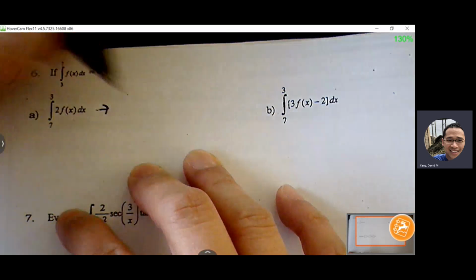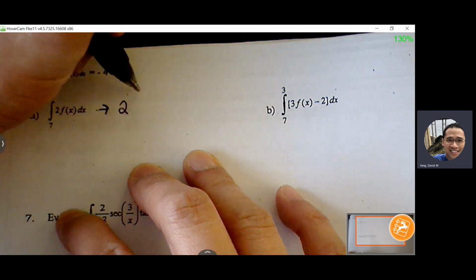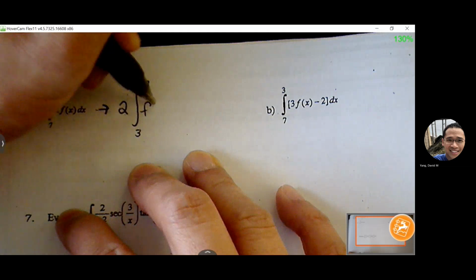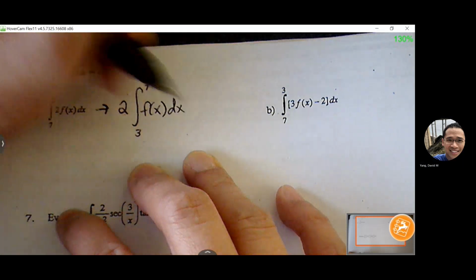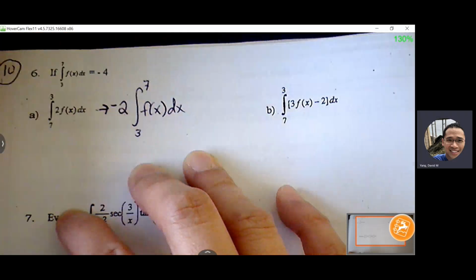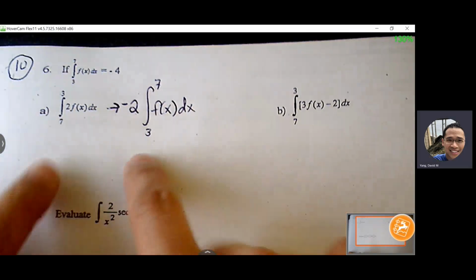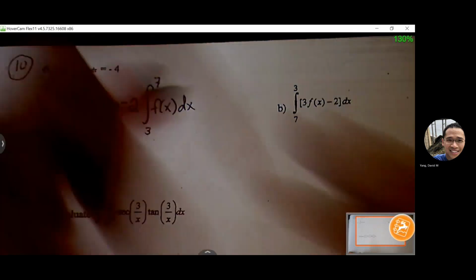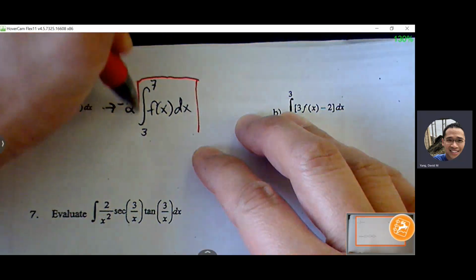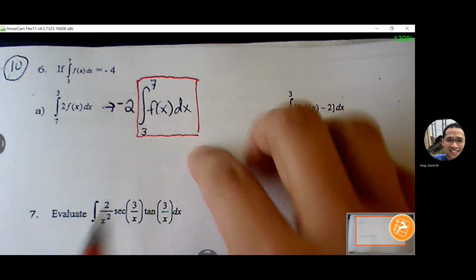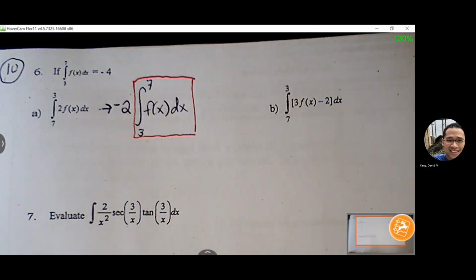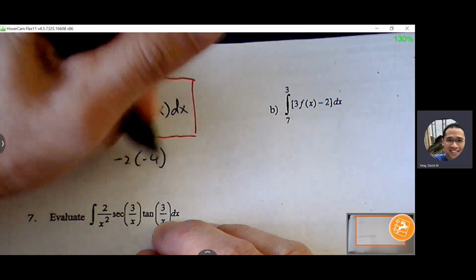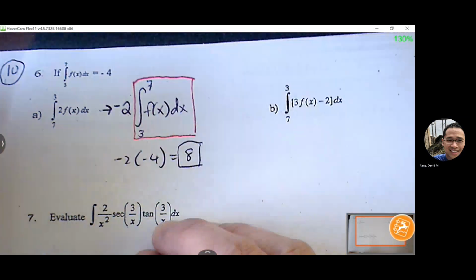So I'll do 2 things at once here. I'll pull the 2 out. I'll flip the bounds. If I flip the bounds, I need to draw a negative outside. So once I made the adjustment, I'm able to see the piece that I can easily substitute. So this gets replaced with what? -4. And so therefore, -2 times -4 is 8.